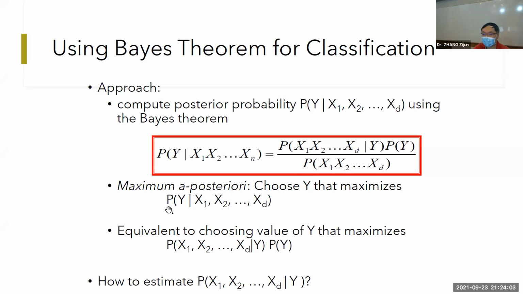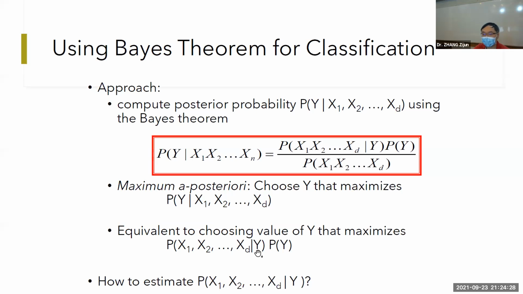Okay. Then we want to find a maximum posterior. We choose y that maximizes this posterior probability. Choosing y that maximizes the posterior probability is equivalent to choosing the value of y that maximizes this likelihood multiplied by the probability of y.